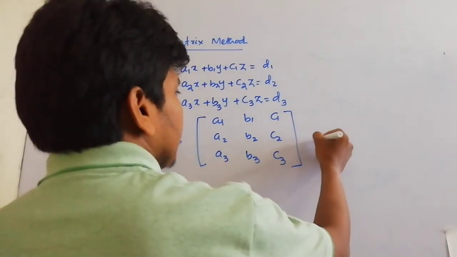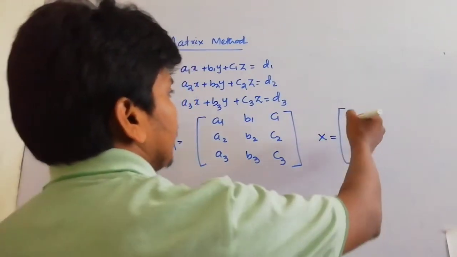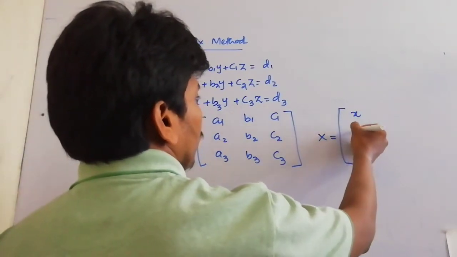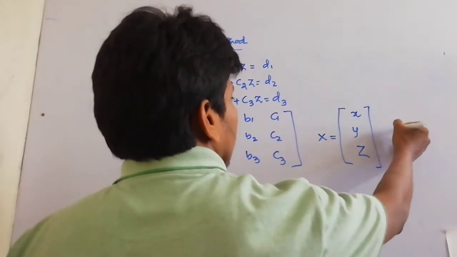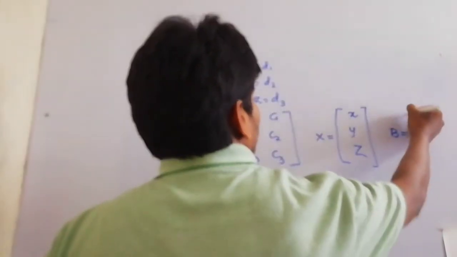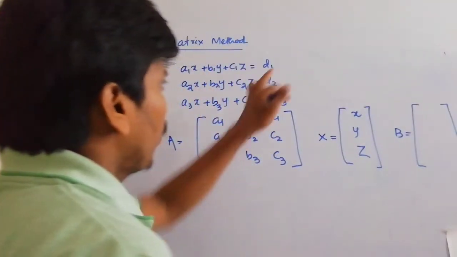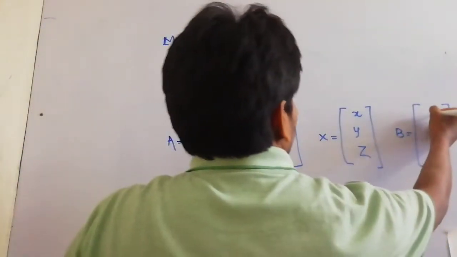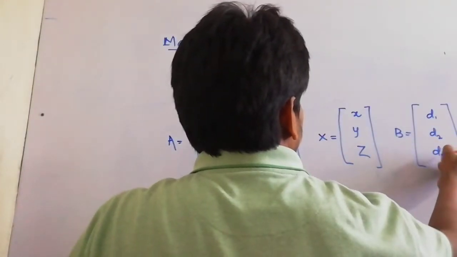Then X is another matrix which is the combination of only the unknowns x, y and z. Then another is B, that is the collection of all the constants, that means d1, d2 and d3.